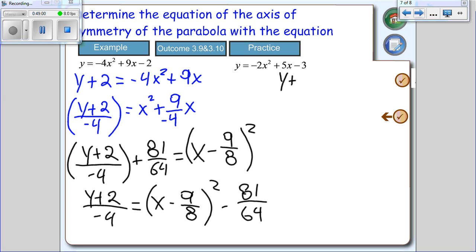It's 81 over 16. It was negative 81 over 64, and I multiplied it by negative 4. I then subtract 2 from both sides, and I'm done.